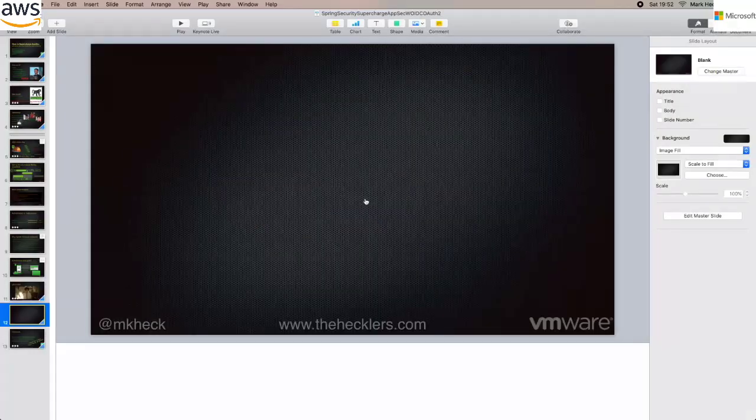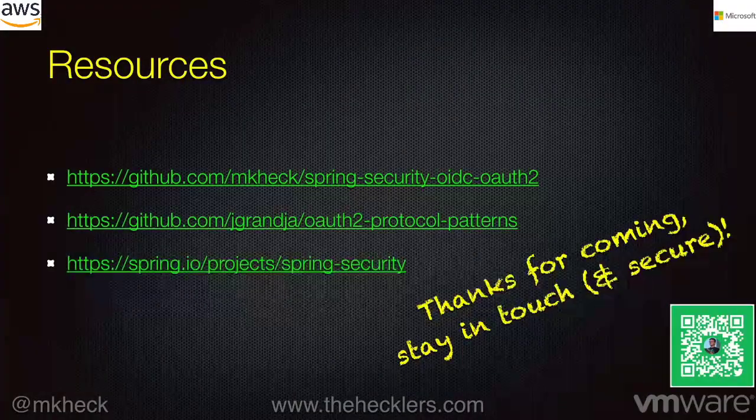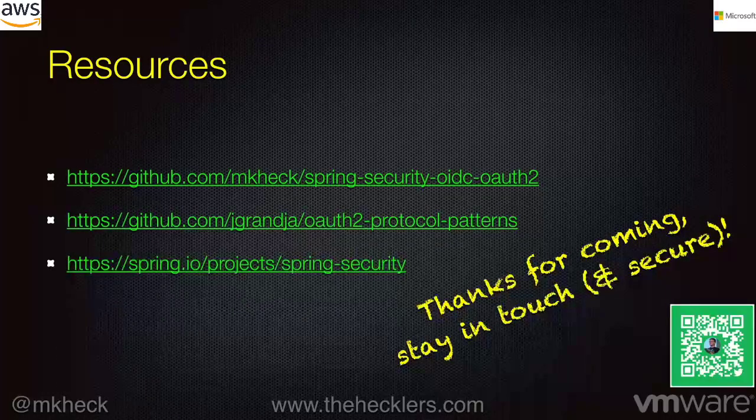Okay, well with that, we're pretty much exhausted on time. So I'm going to go back here and finish up and share the additional resources. Everything you saw here, code-wise, is available at my repo under my GitHub account, mkheck, at Spring Security OIDC OAuth2. If you want to know more about protocol patterns, the different authorization flows, then you should check out Joe Grange's OAuth2 protocol patterns repo.